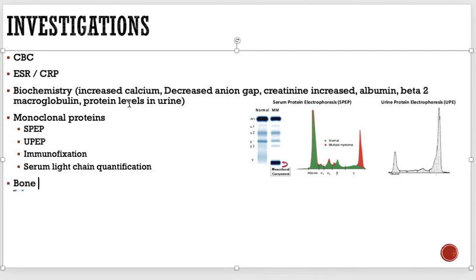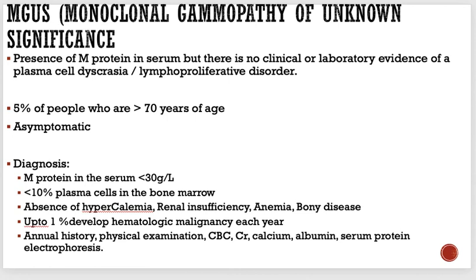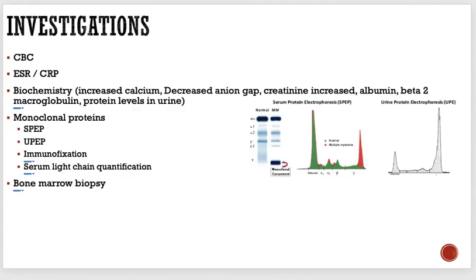We can go for bone marrow biopsy. Okay. What we'll find is there is more than 10% of plasma cells. If you don't remember, in the normal bone marrow there's less than 10% of plasma cells. So in this one, there is more than 10% of plasma cells, and they look like abnormal cells.